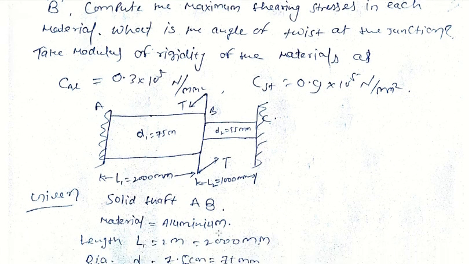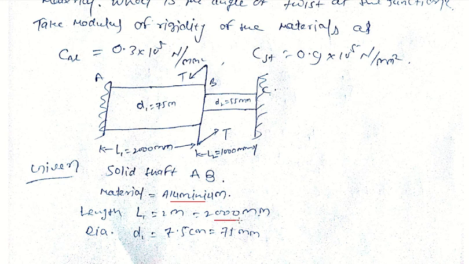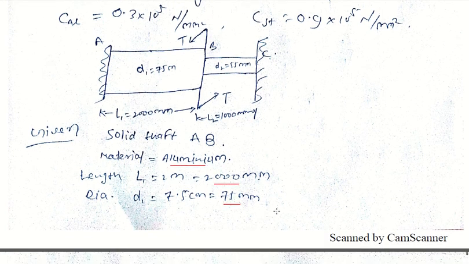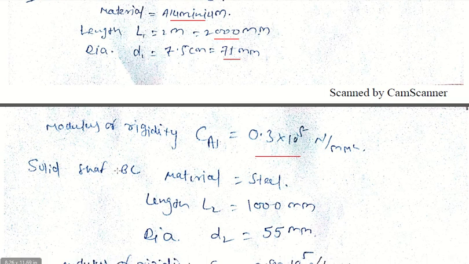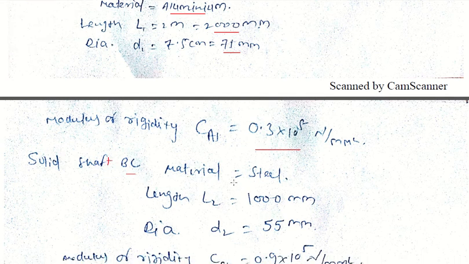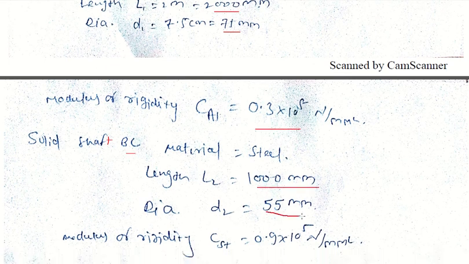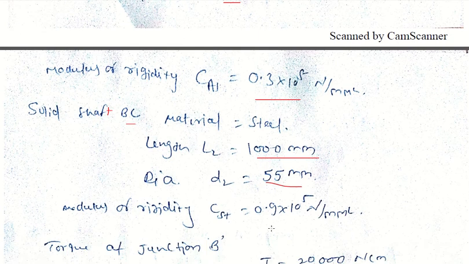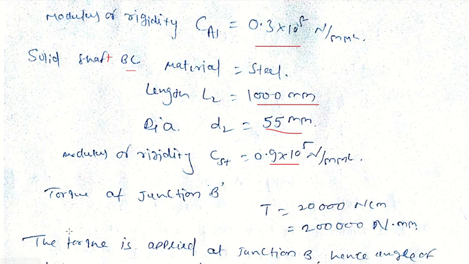Now for solid shaft AB, the material is aluminum, length is 2000 mm, diameter 75 mm, and modulus of rigidity is 0.3 into 10 power 5. For solid shaft BC, the material is steel, length is 1 meter and diameter is 55 mm. Modulus of rigidity is 0.9 into 10 power 5 Newton per mm square. This is the given data in this question.